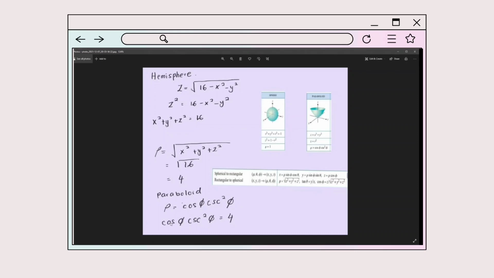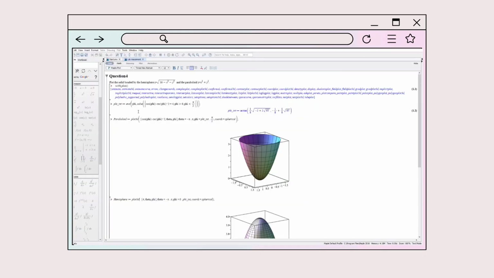So cos phi cosecant squared phi equal to 4, because from this we already get rho equal to 4. So from this, we can find the value of phi. This is the code to find the value of phi.